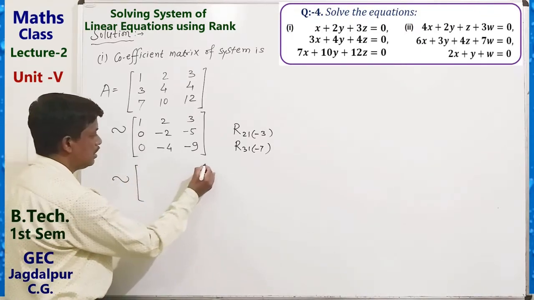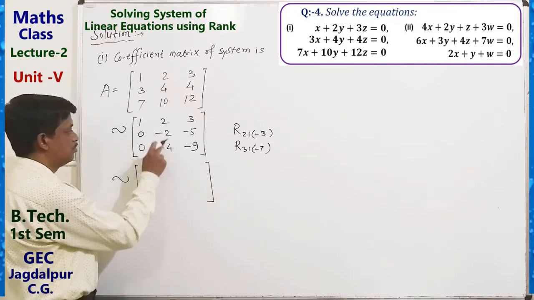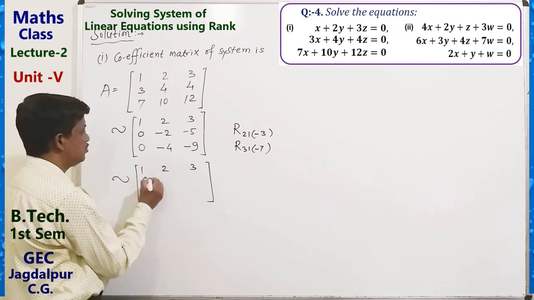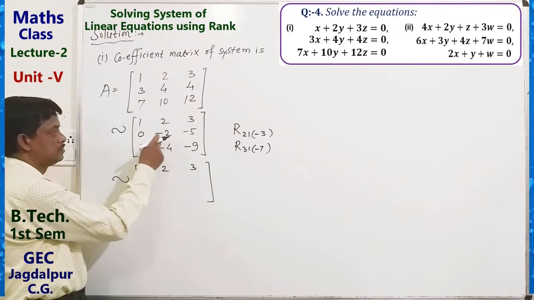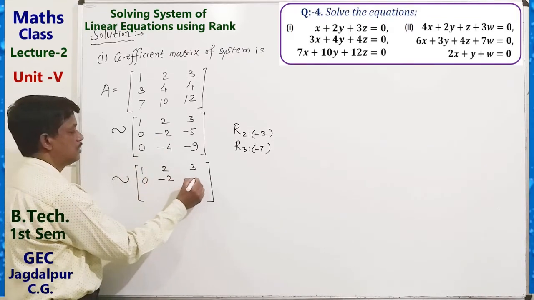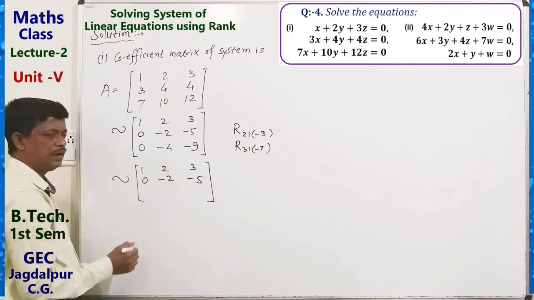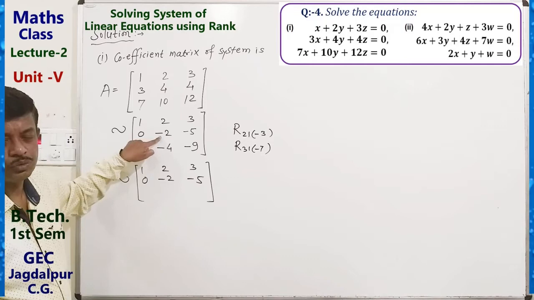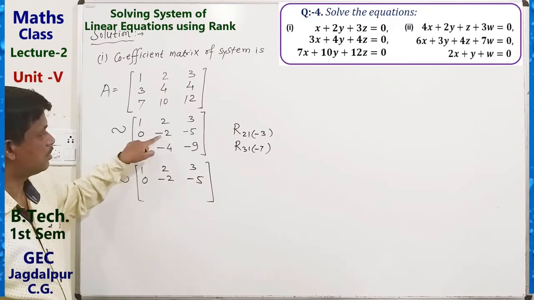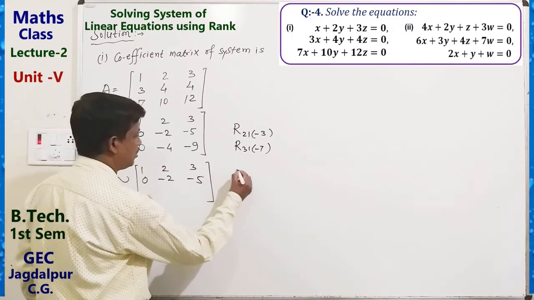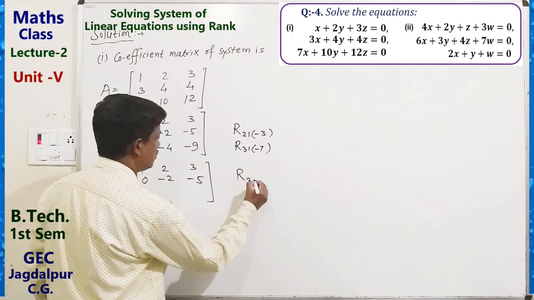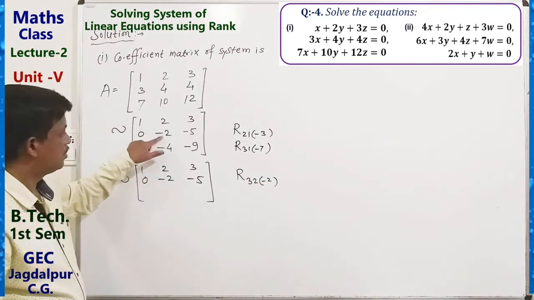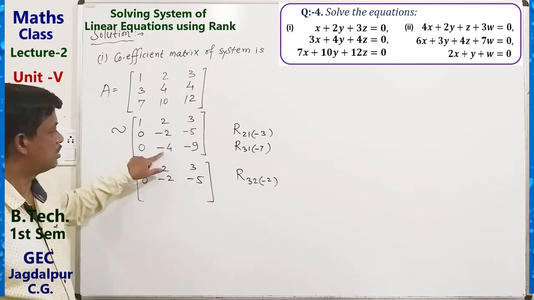Now again try to convert it to 0. So 1, 2, 3, 0, minus 2, minus 5. Taking the operation R3 minus 2 R2, minus 2 is multiplied to here and 4 is added, giving 0.